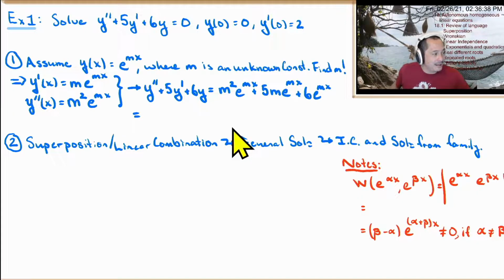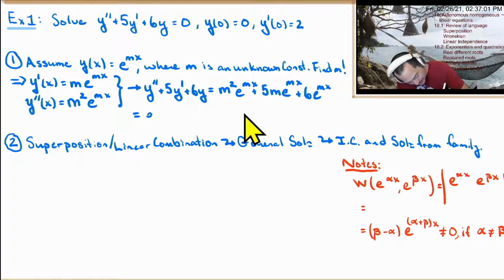But then, what does each of these terms in my equation, where I've shoved in my guess and its derivatives, what do each of the terms share? e to the mx. So I'm going to factor that out. I get e to the mx.